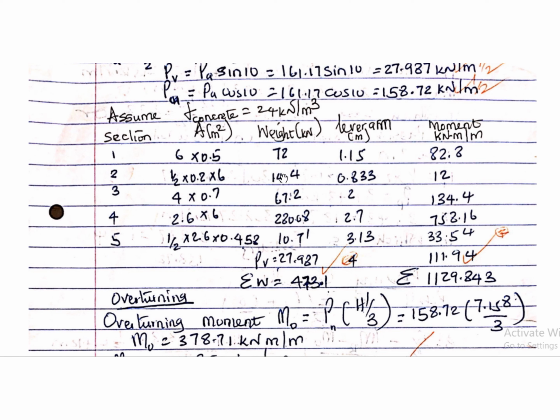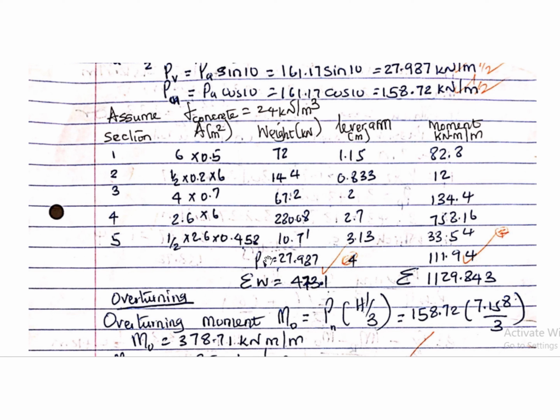Again, that's the volume and the weight, and the lever arm you can get. Section 3, you can scrutinize each of those sections and see whether that makes sense. So the weight, and the moment, again, section 4, the weight, which translates to the volume, and then the moment, and section 5.